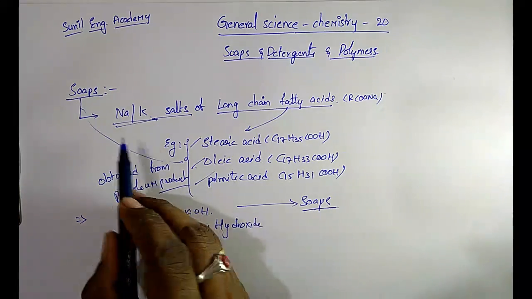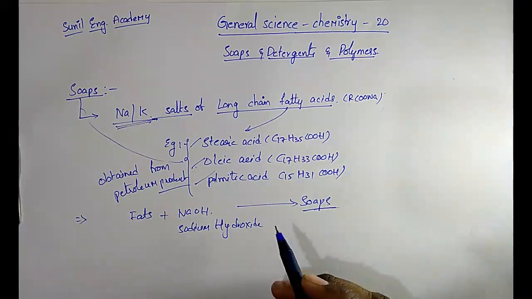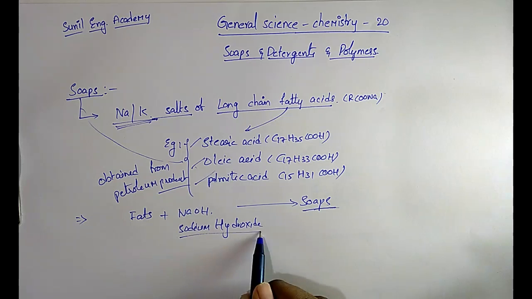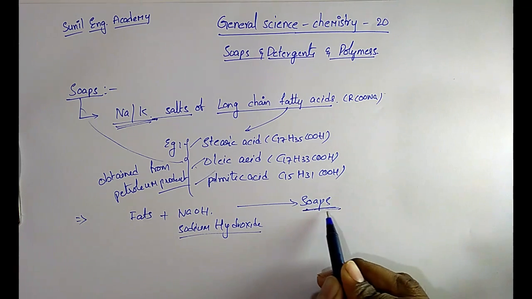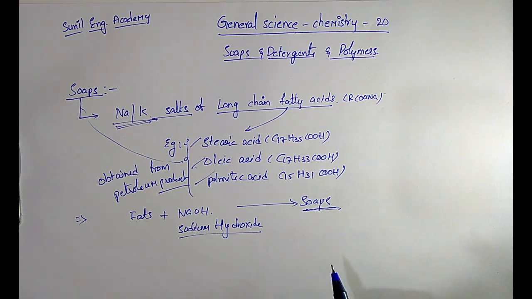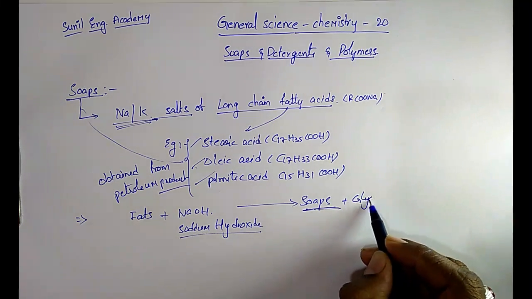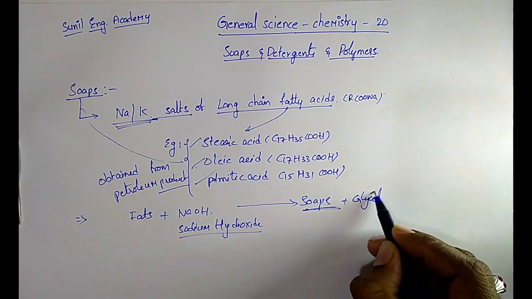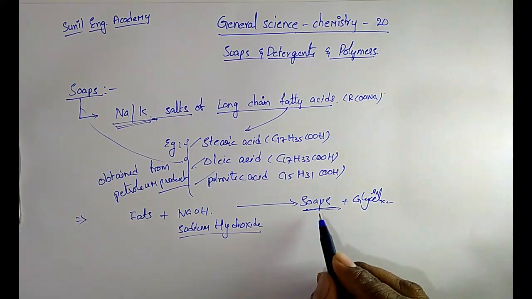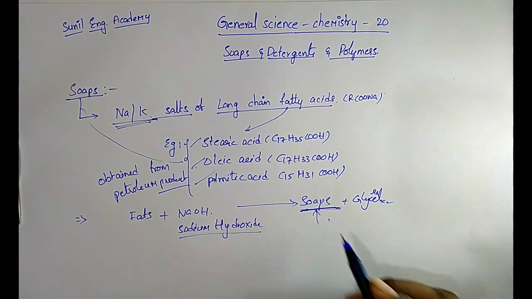Soaps are sodium or potassium salts of long chain fatty acids. If you take sodium hydroxide, it will be the sodium salt of a long chain fatty acid. Soaps plus glycerol. In this way soaps are formed.